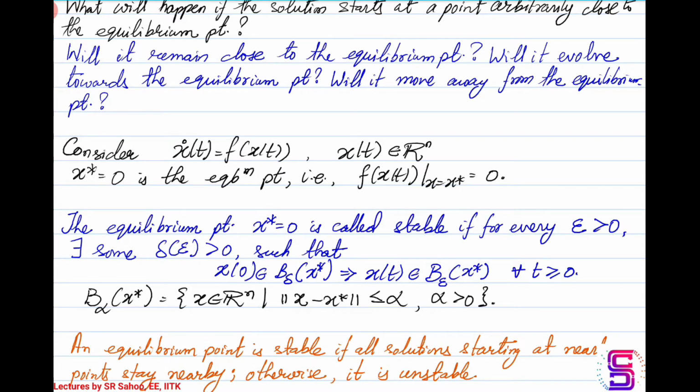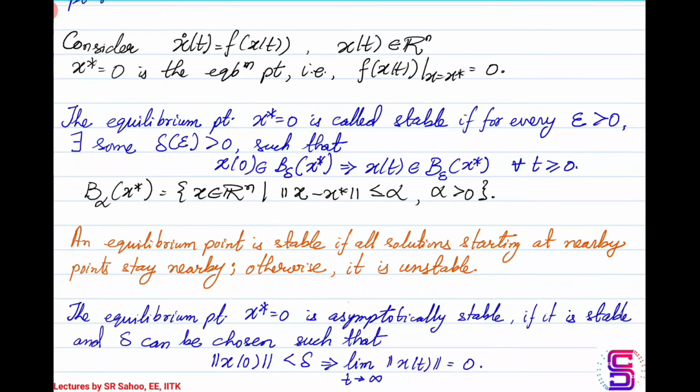Now what the delta-epsilon definition essentially means is that the equilibrium point is said to be stable if all solutions starting at nearby points, and when I say nearby points, it means close to the equilibrium point, always stay nearby.